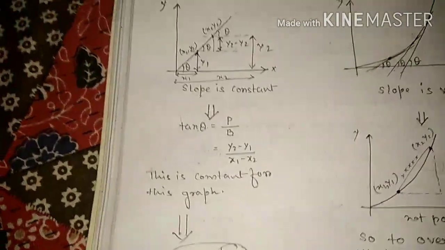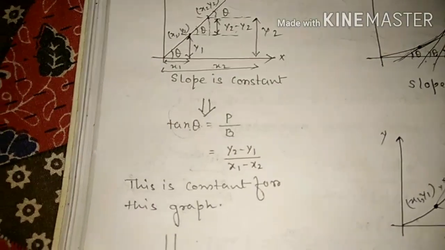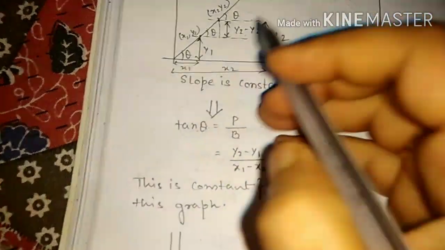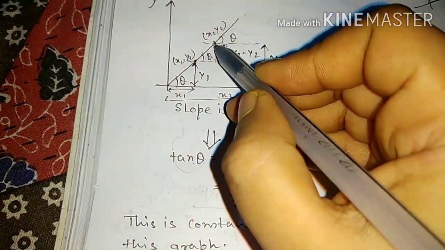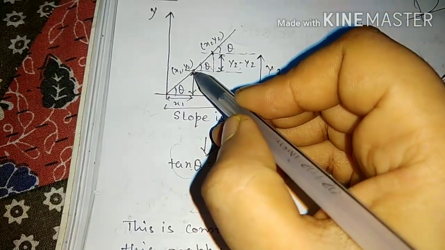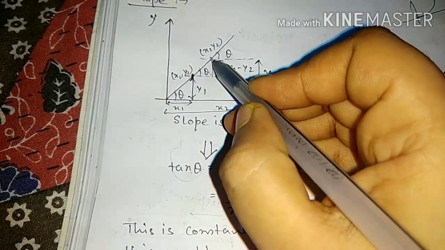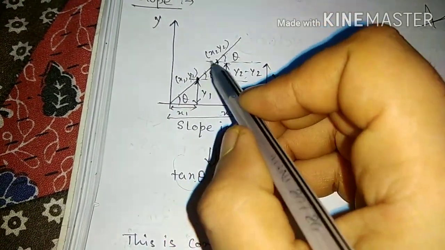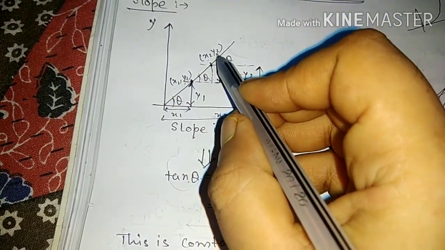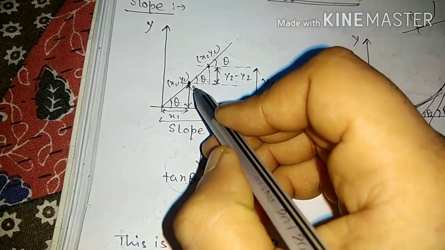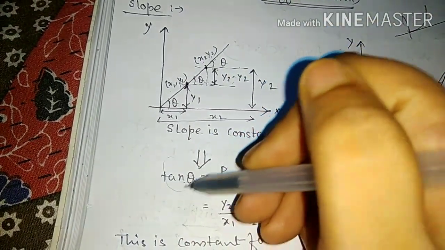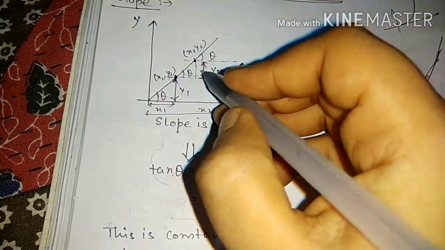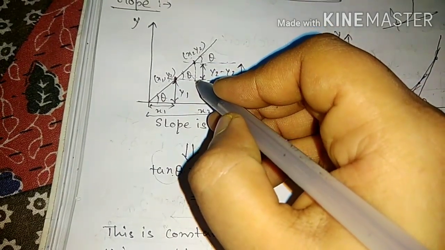Now to find the slope of this graph, first we consider 2 points. Suppose we consider this point and this point, with coordinates x1, y1 and x2, y2. How do we calculate tan theta? Perpendicular by base. How do we calculate the perpendicular?